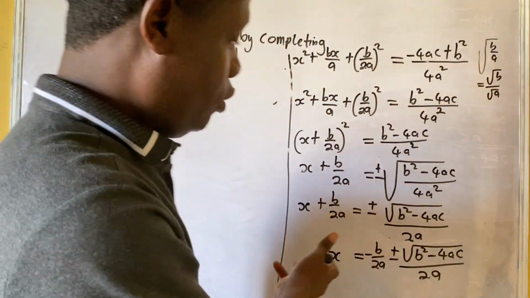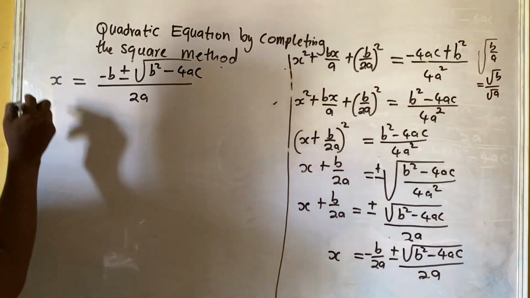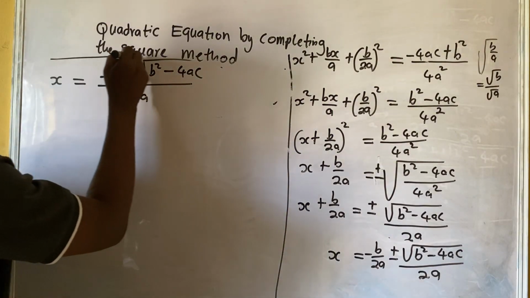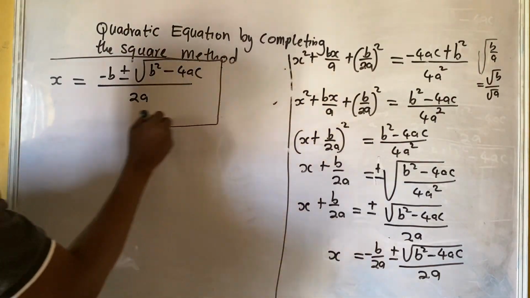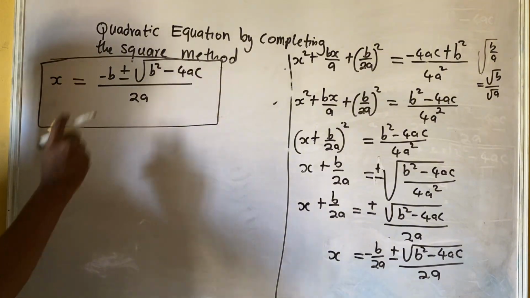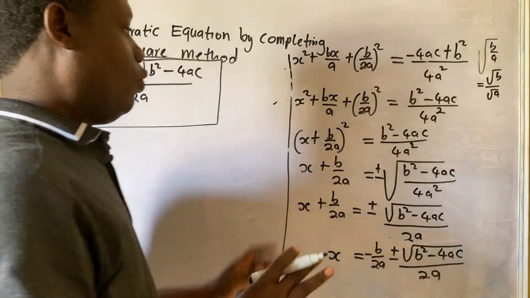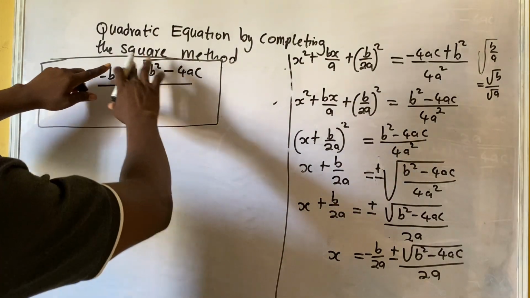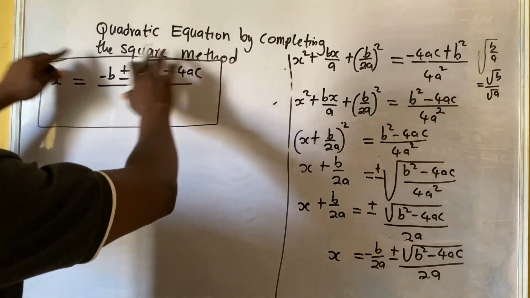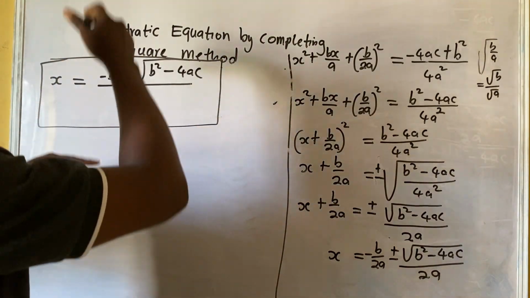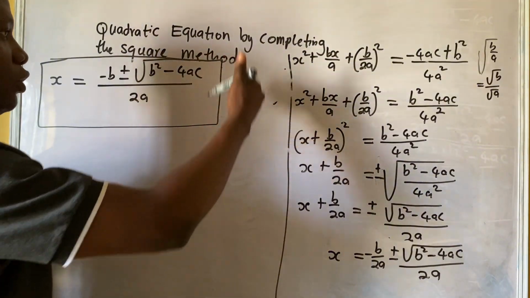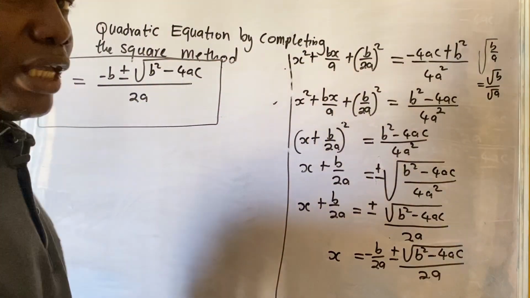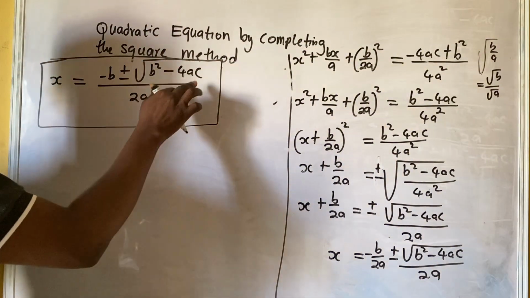And from there, you can see that we are able to derive this, the formula method, from the completing the square method. So what happens is this. Under the formula method, you simply apply the end solution. But from completing the square method, you have to work from the first step until you arrive at this.